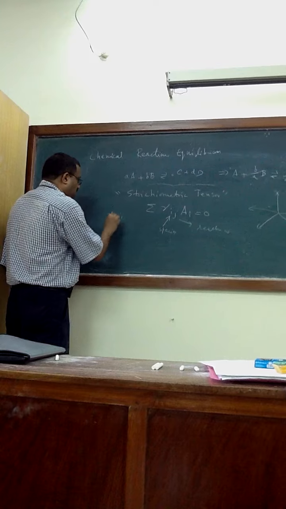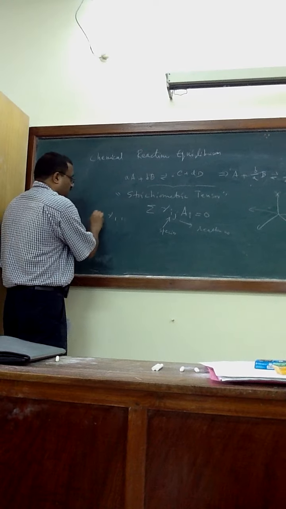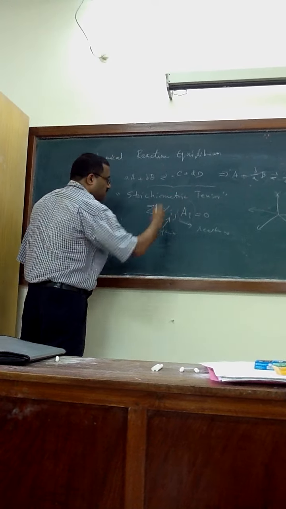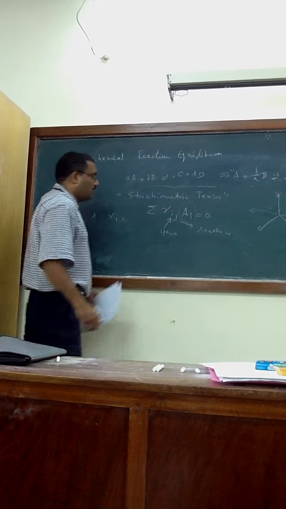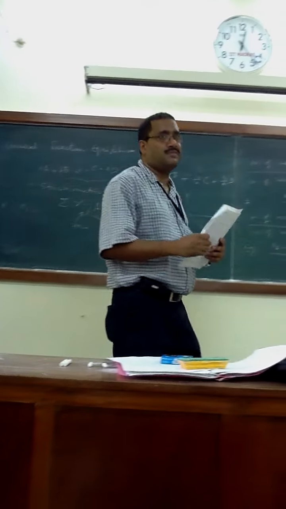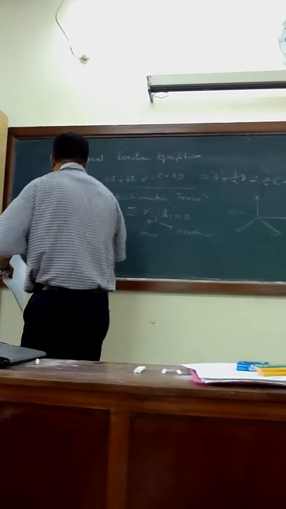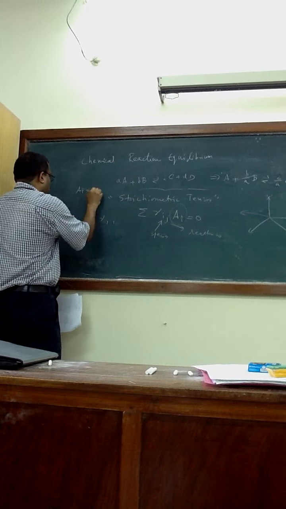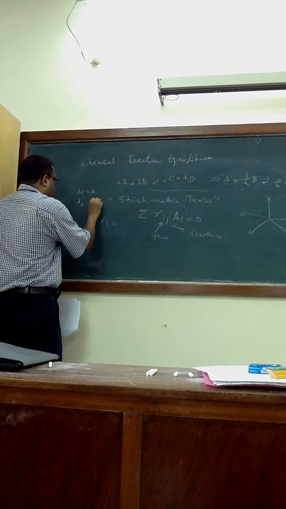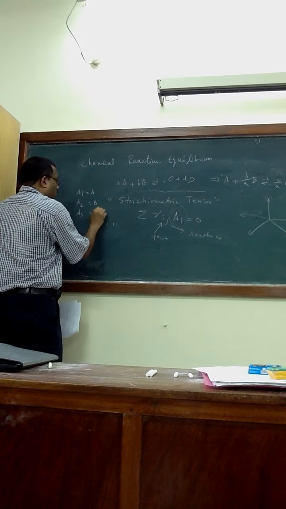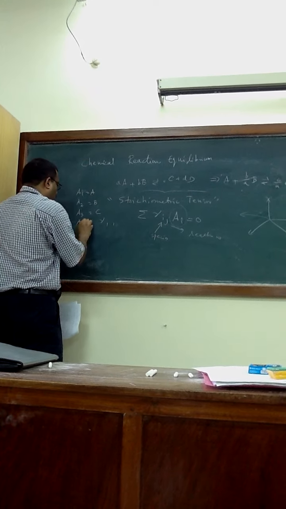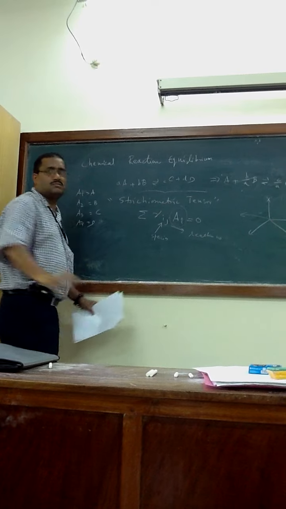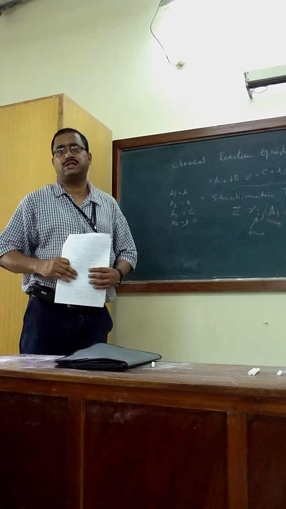So my first species is A. Please don't get confused with this A. What is that? A_i. A1 equals A, A2 equals B, A3 equals C, A4 equals D. Is that clear for the A_i's?